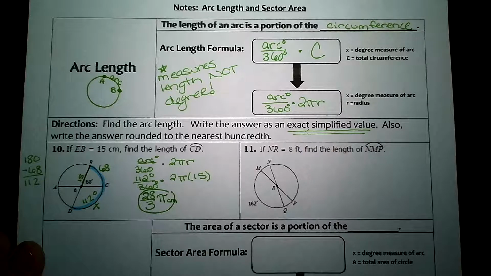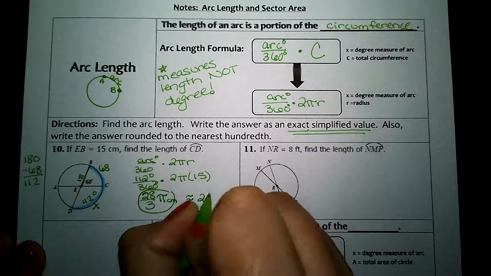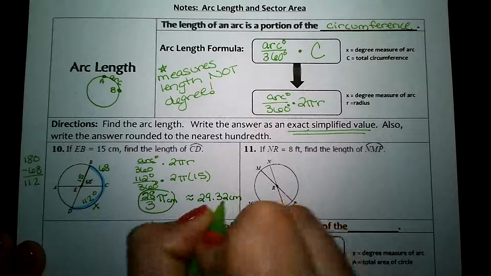Okay. We also want to practice getting the rounded answer. So now I want you to type in 28 over 3 times pi and see what the rounded version is. You should get that that's about equal to 29.32. And remember, that's in centimeters.